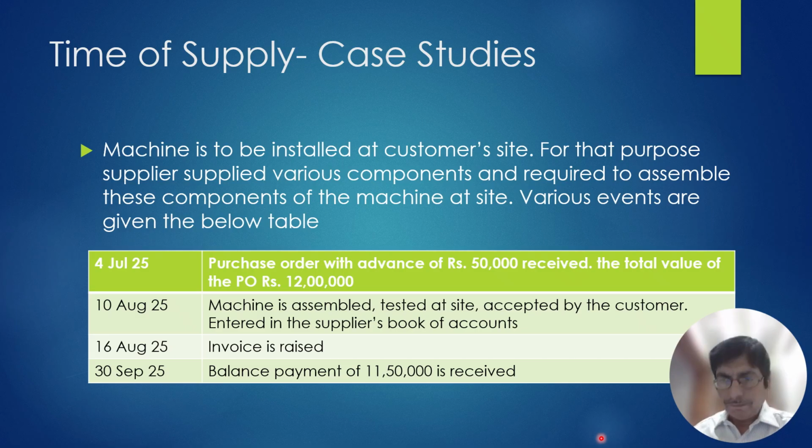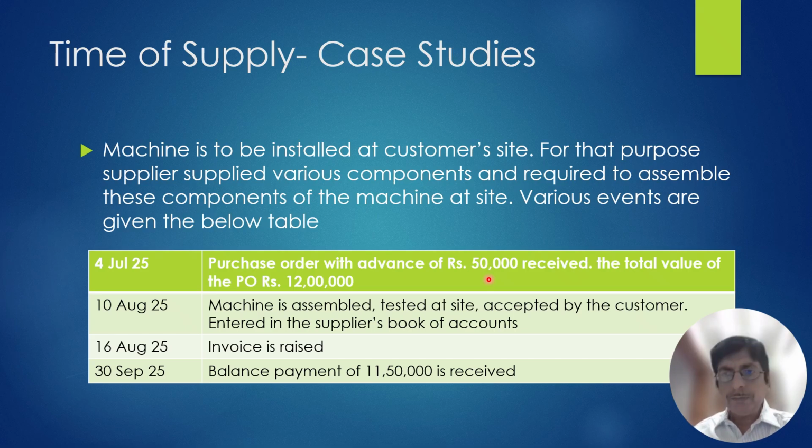There is notification number 66/2017, which deals with the case where there is an advance for supply of goods: the time of supply is when the other components are chargeable to tax, that is, when the invoice is raised or the due date for the invoice, whichever is earlier.